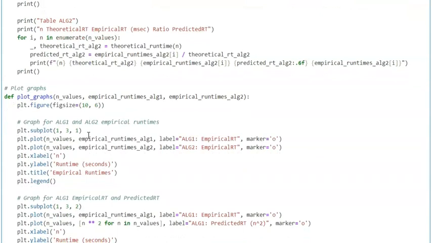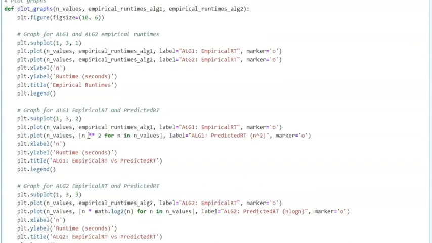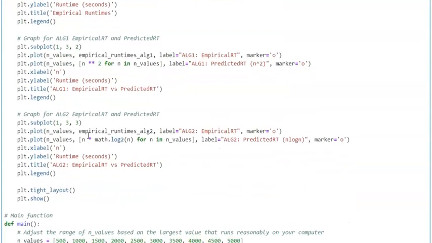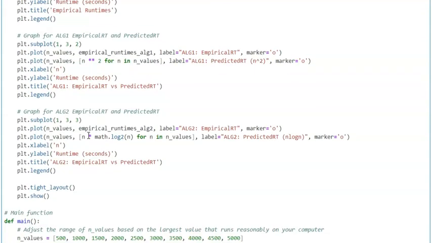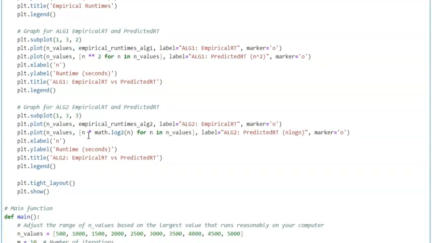So let's take a look at the main function. In the question itself, we are given that we have to take n values, 10 values. In my project, when I take more values, the output is not coming and it takes a lot more time.